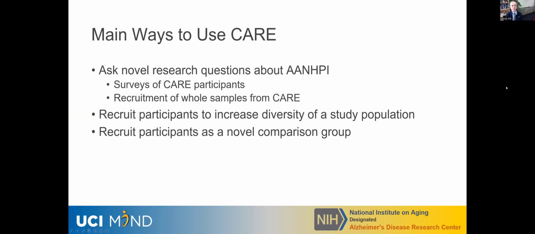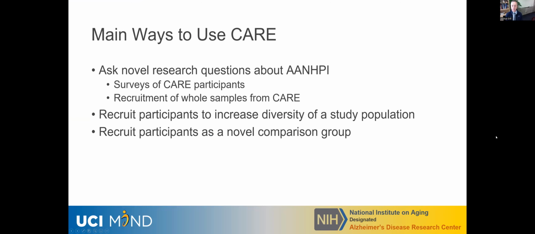Next slide. So I'm going to outline three main ways, again, hopefully to spark ideas and conversation about the way this registry and other registries can be valuable to investigators. I've kind of broadly categorized it into three buckets here: you could use the registry to ask novel questions in and of itself, that might be inside the registry or recruiting from it.